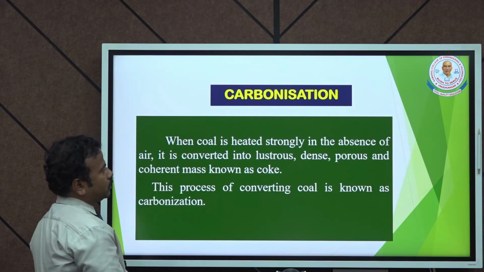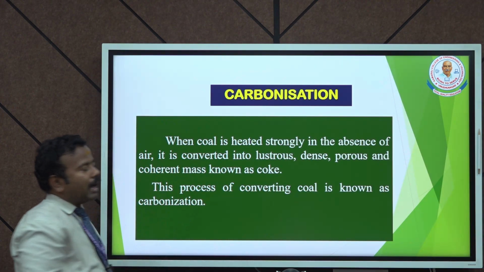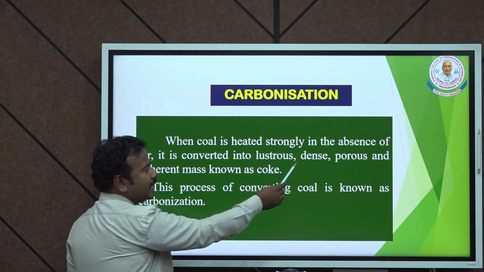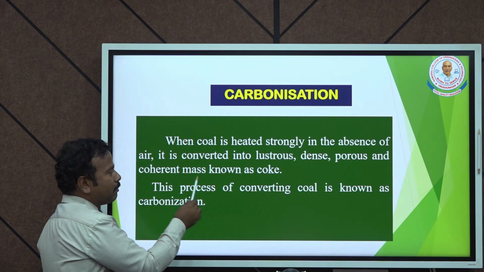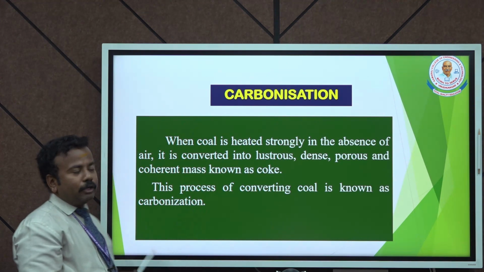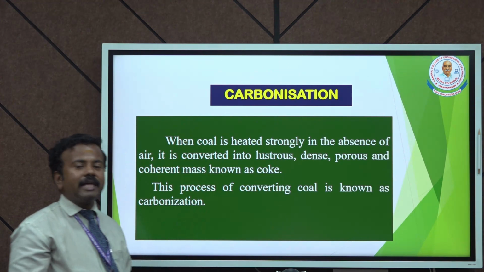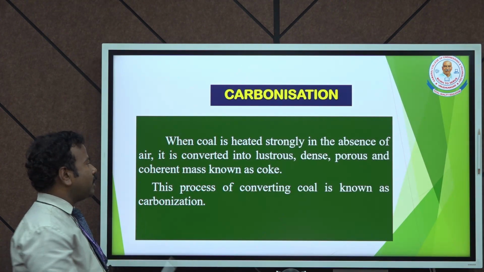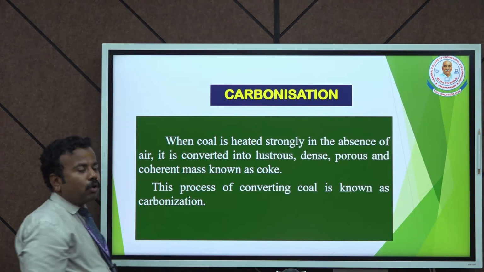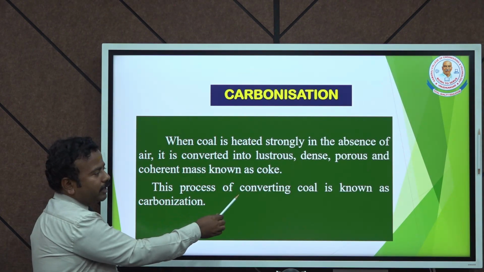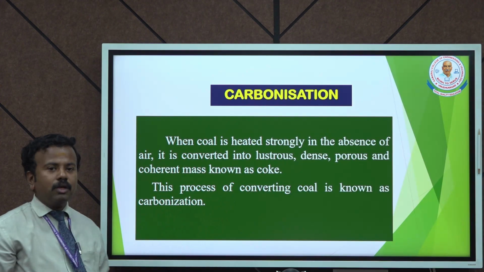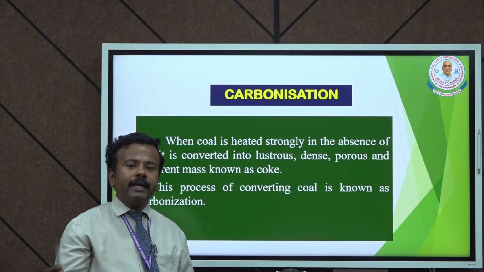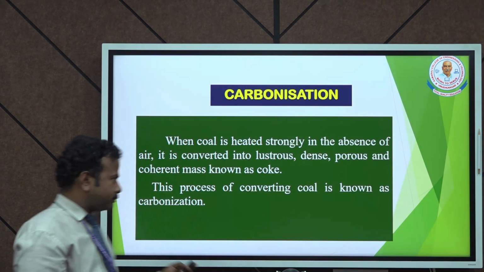Whereas coke, in the absence of air, is heated and converted into a lustrous, dense, porous and coherent mass known as coke. So when coal is heated strongly in the absence of air, it forms a porous coherent mass layer, which is called coke. The process of converting coal into coke is known as carbonization.